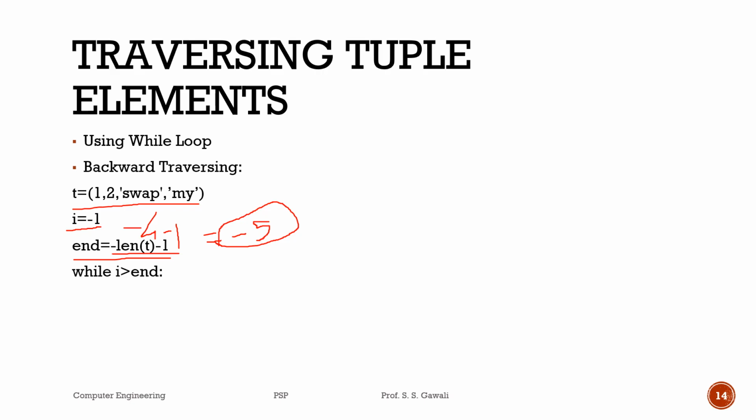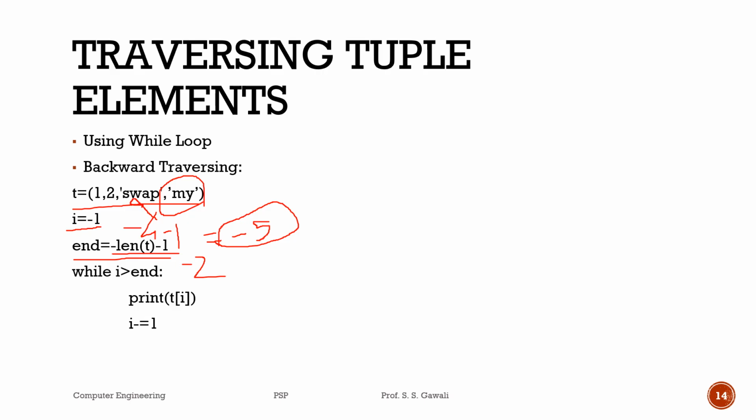Yes, minus 1 is greater than minus 5. Then it's going to return the element present at the minus 1 position, which means it's going to display my. Then i minus equal to 1, which means minus 1 becomes minus 2. So next time the value is minus 2, and minus 2 is greater than minus 5. Then it's going to return the element present at the minus 2 position. Right?